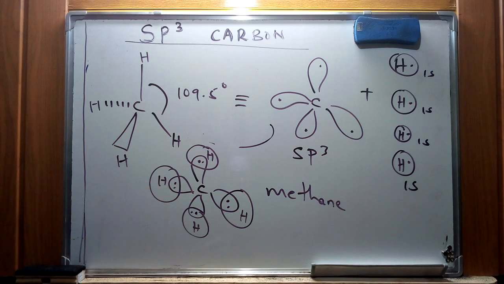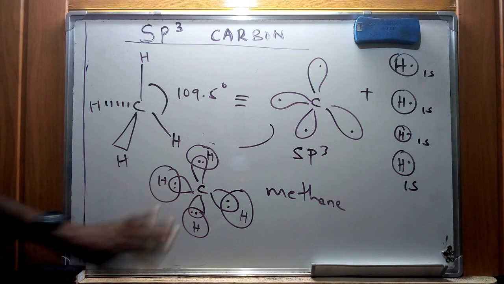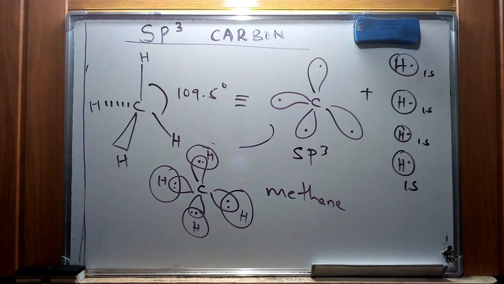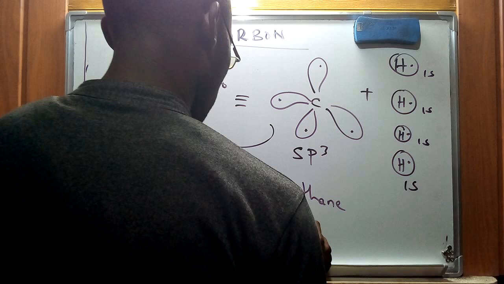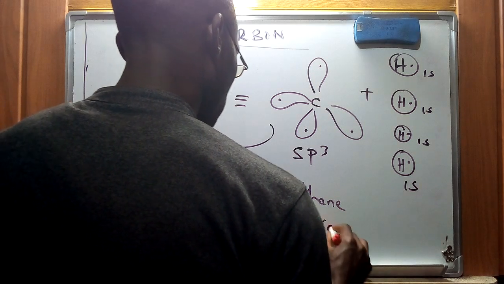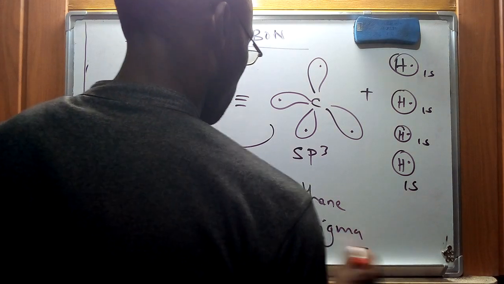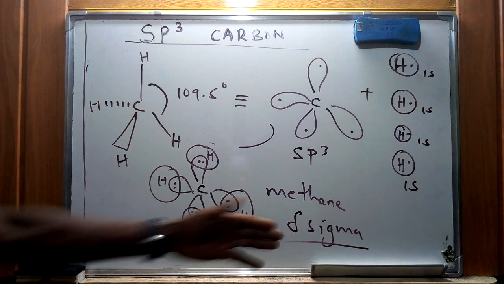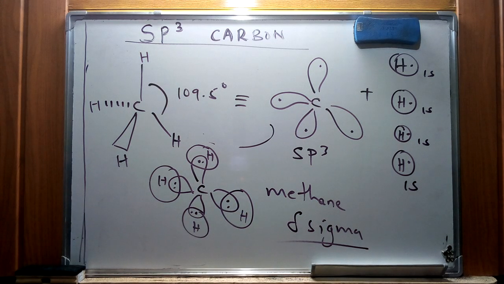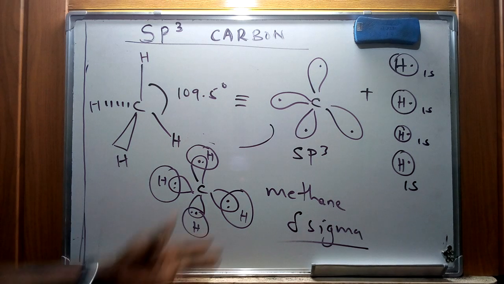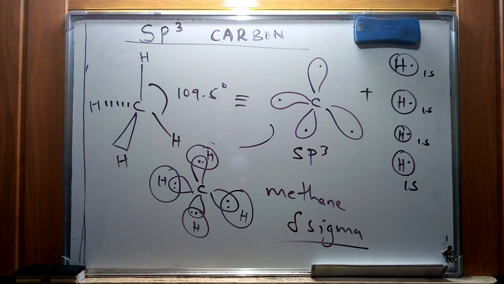Similarly, we're going to have a compound like ethane that is going to be realized into 2 bonds arising from the overlap of these adjacent orbitals. And this end-to-end overlap of orbitals is going to provide what we refer to as the sigma bonds. I talked about the concept of the sigma and pi bonds when I was talking on the concept of a benzene molecule, which we said is a planar molecule, which consists of the sigma and pi bonds.